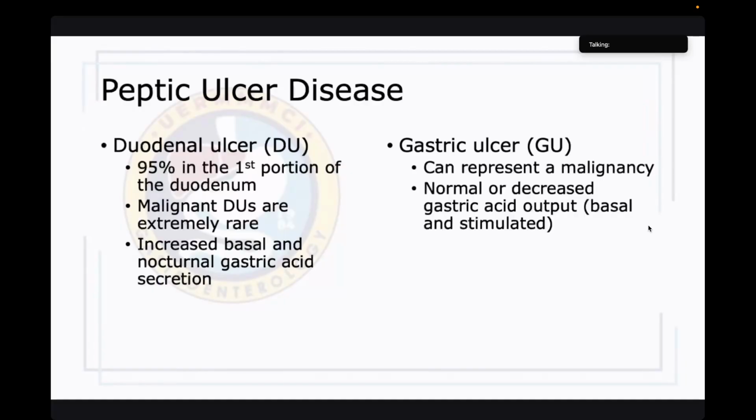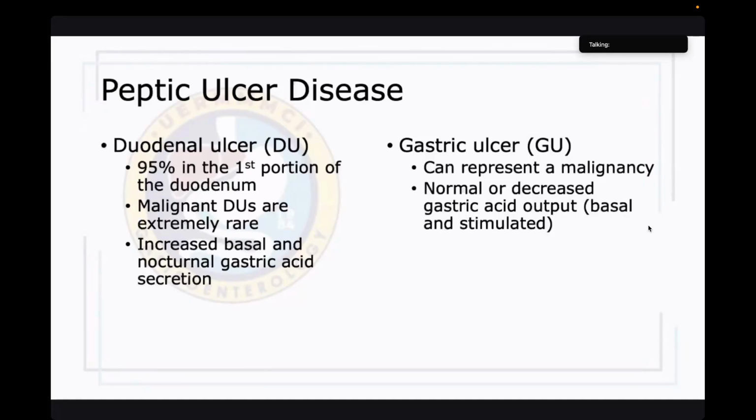Peptic ulcer disease can be located in the stomach or in the duodenum, and these are some of the differences between duodenal ulcer and gastric ulcers. First, of course, is the location. Duodenal ulcers are almost always located in the duodenal bulb.